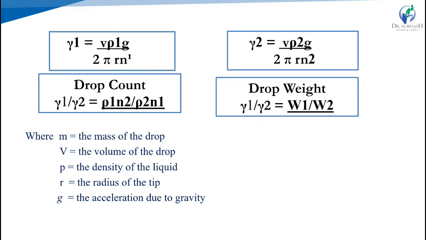That is the mass, or weight, of one drop of the test liquid divided by the mass of one drop of the reference liquid. So that is the drop weight method.